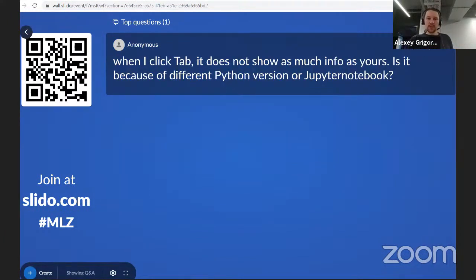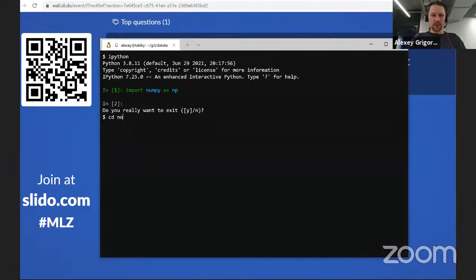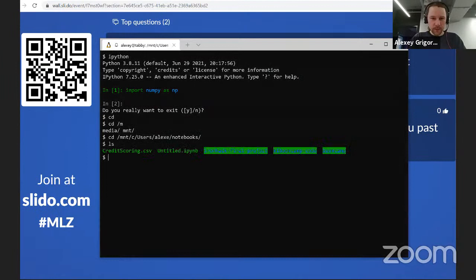When I click tab, it does not show as much info as yours. Is it because of a different version? Maybe just try clicking tab multiple times and it will expand. So let me just try to run Jupyter Notebook. I want to go to my notebooks folder.